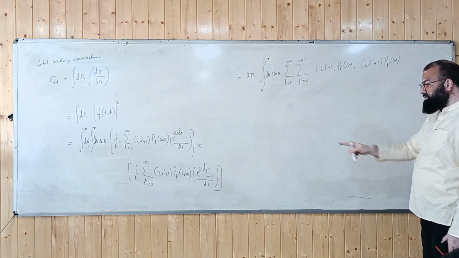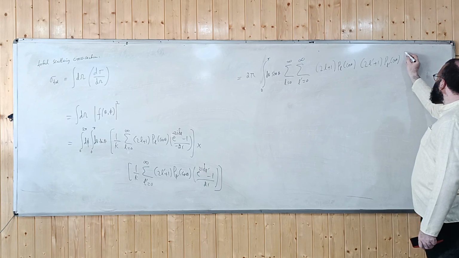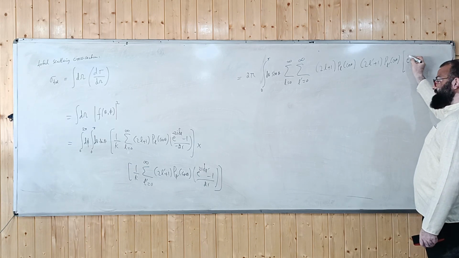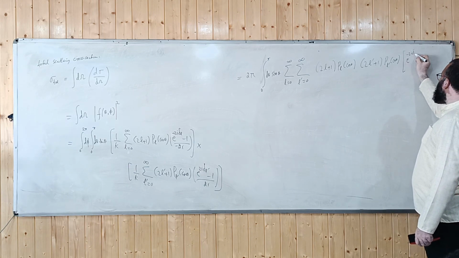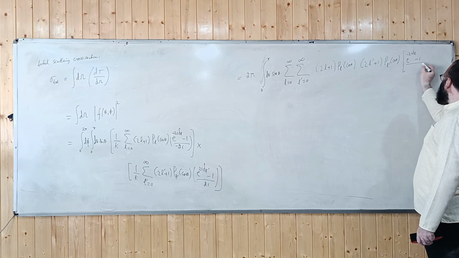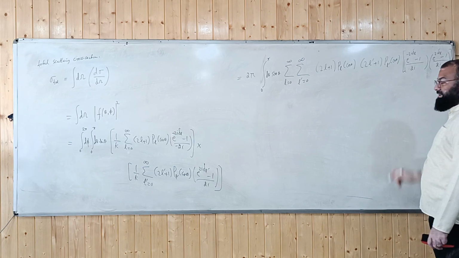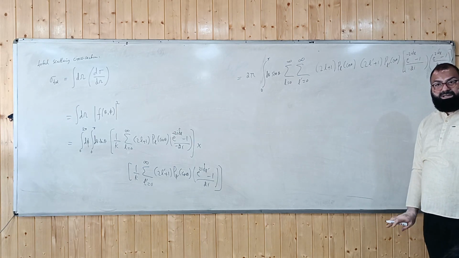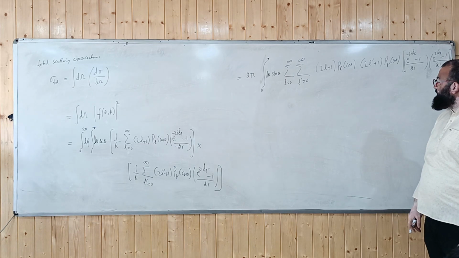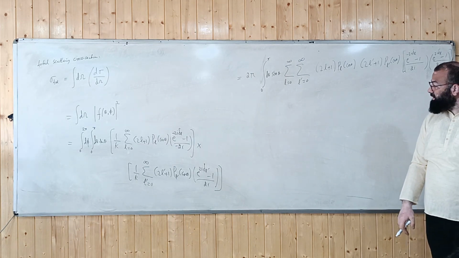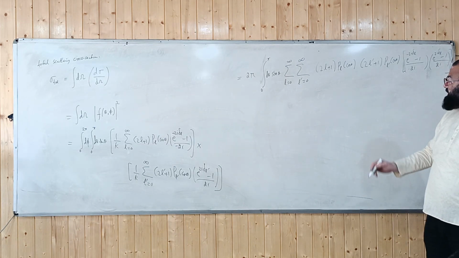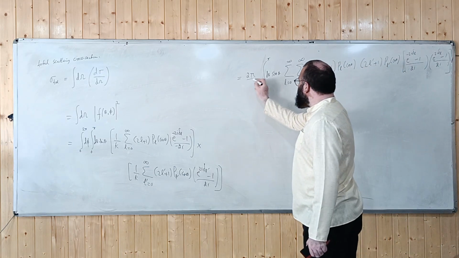Got it? So let's multiply now these exponentials. Then you are having (e^{−2iδ_L'} − 1) divided by −2i, into (e^{2iδ_L} − 1) divided by 2i. Clear? Got it? Any question? So there is 1 by k squared, 1 by k squared is also there.